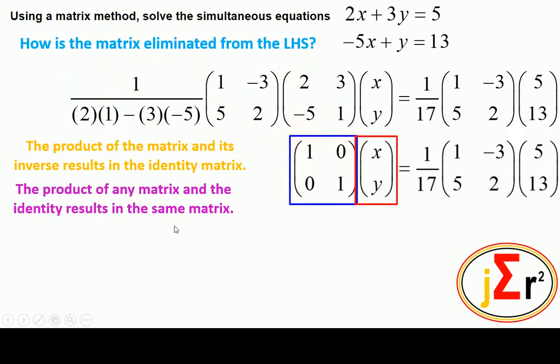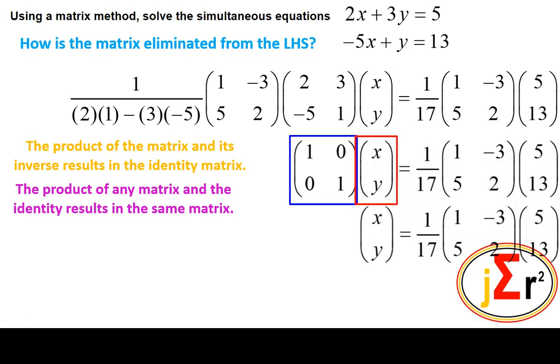The product of any matrix and the identity results in the same matrix. Multiplying the identity by the matrix of unknowns, all that we will get is the matrix of unknowns.